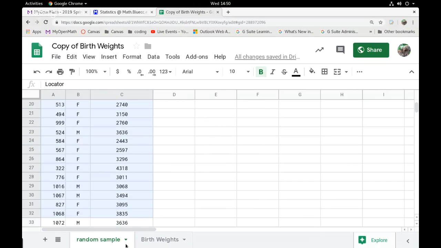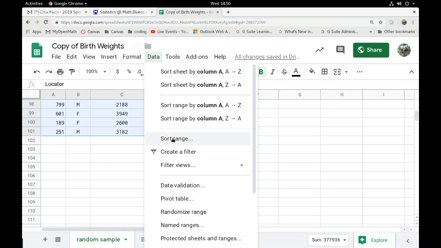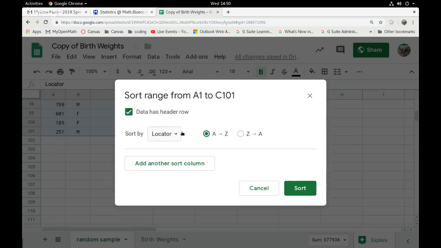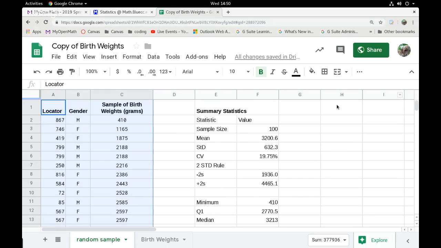So sorting these numbers, I have 100 of them in the random sample, and then I want to go to the data and sort the range by birth weight. Okay, so below 1900, it looks like there are 3 of them that are underweight by this, so they're unusually low compared to the rest of the data.